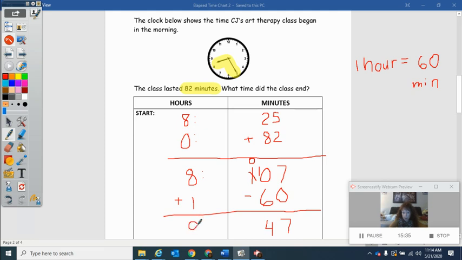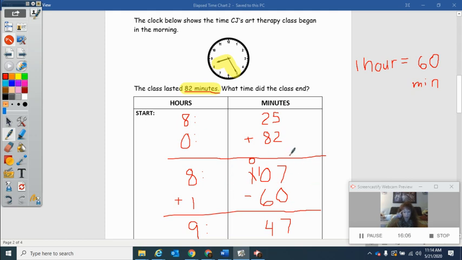I took 60 minutes away from my minutes, but I added an hour to my hour side. So now I have 47 minutes here, but I have 9 hours here. Anytime I'm adding minutes, I added 82 minutes to my start time of 8:25. I had still 8 hours here, but 107 minutes.